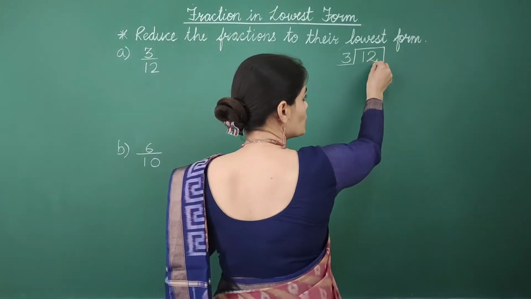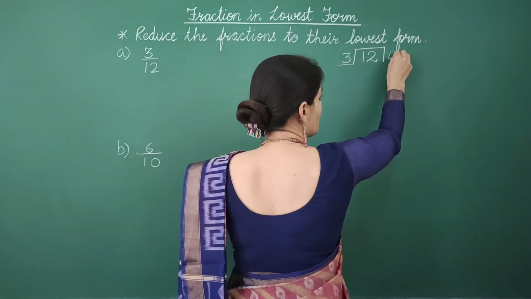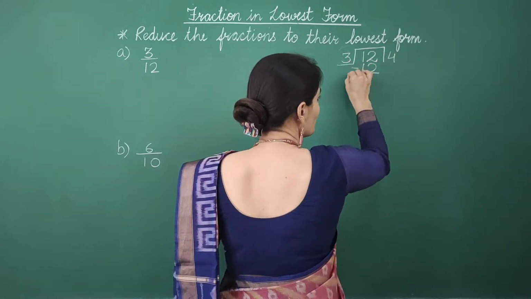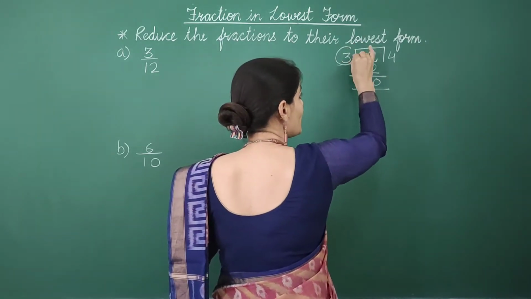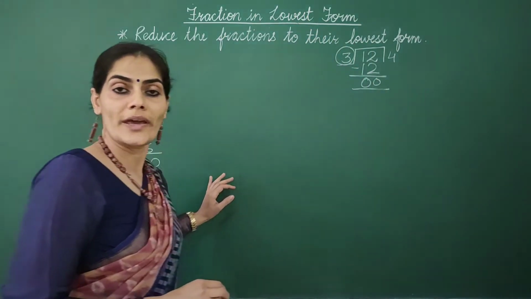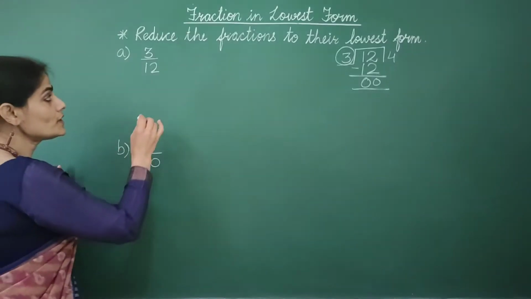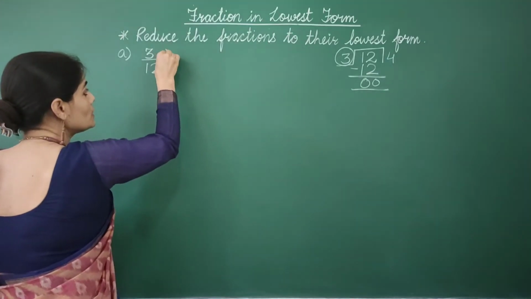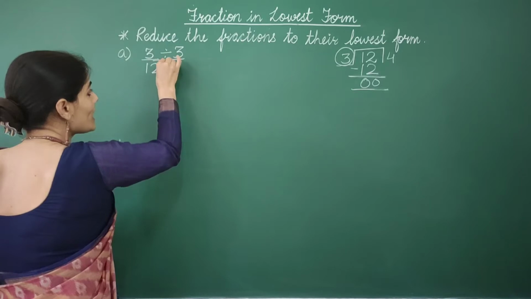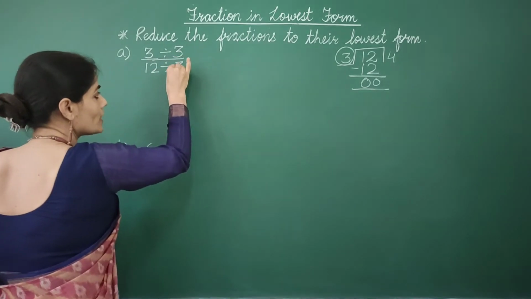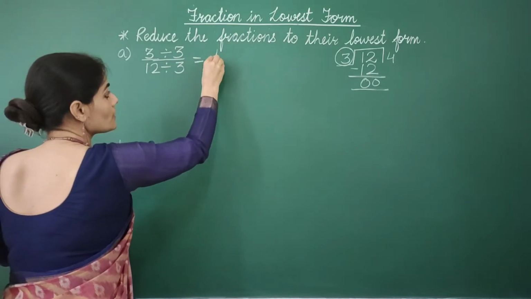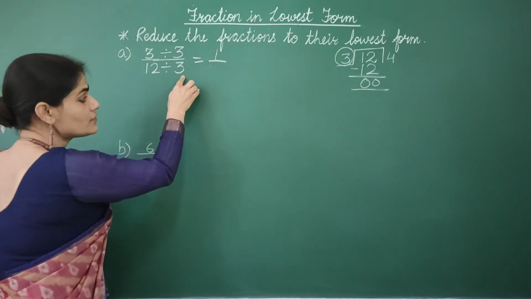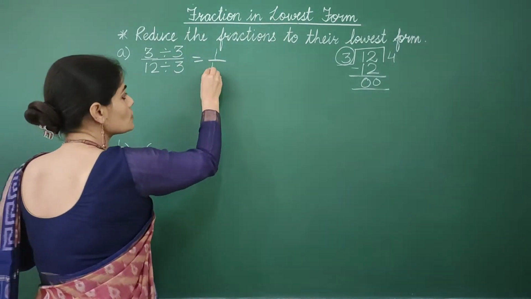Now I divide 12 by 3. 3 times 4 gives us 12 and the remainder is 0, which shows that the HCF of 3 and 12 is 3. So we divide the numerator as well as the denominator 12 by 3. 3 divided by 3 gives us 1 and 12 divided by 3 gives us 4.